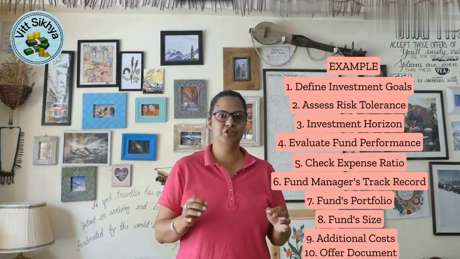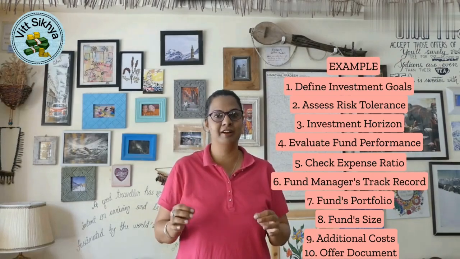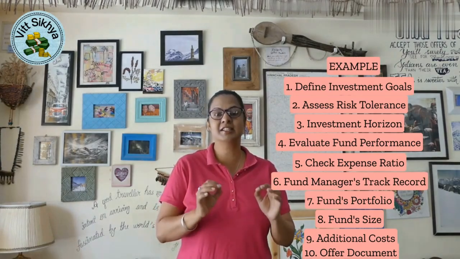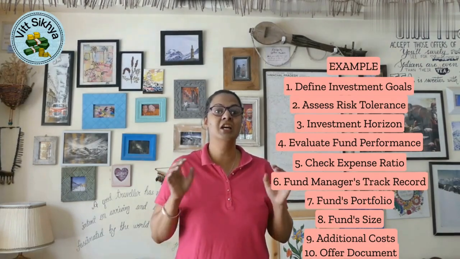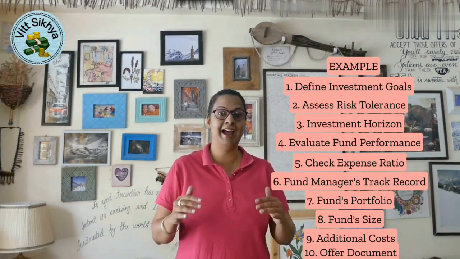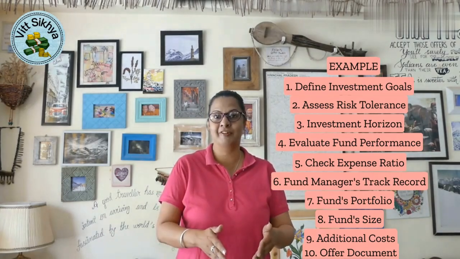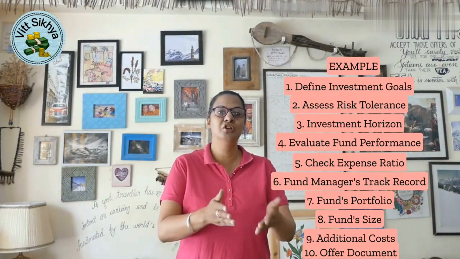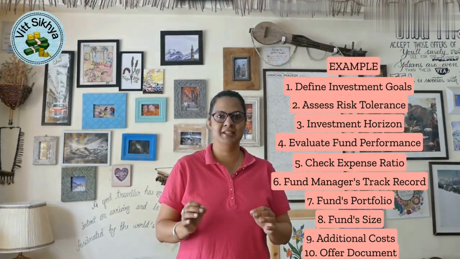Based on the evaluation, if Mirae Asset Large Cap Fund shows consistent performance, has a lower expense ratio, and aligns with your risk profile and goals, you might decide to invest in it. Remember, it's crucial to periodically review your investments and make adjustments as needed based on changing financial goals and market conditions.